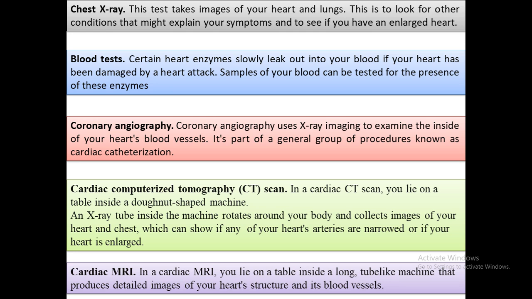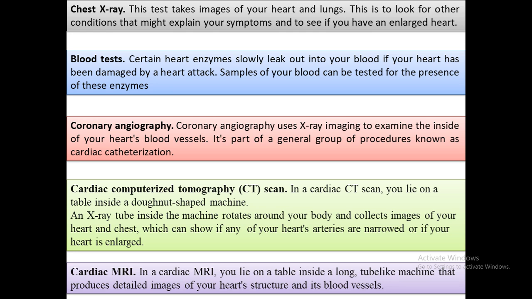Then blood tests. During myocardial ischemic conditions, certain heart enzymes slowly leak into the blood. If your heart has been damaged by a heart attack, an ischemic condition or some other reason, then if we take a sample of your blood and monitor the presence or absence of that type of enzyme, that will also help diagnose the disease.